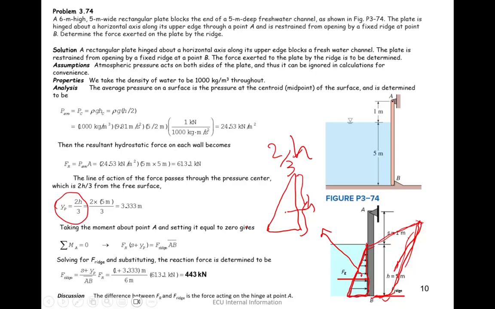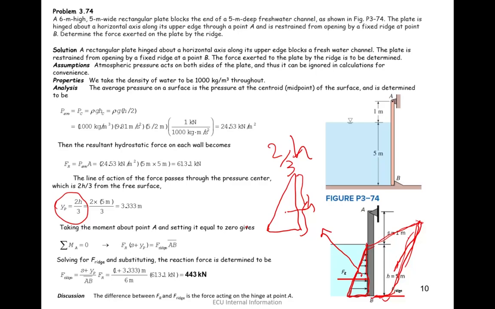So that's why you see yp here is considered as the centroid of this prism. So we want to say, if you can plot the centroid of the prism, then obviously we can simply work out the center of pressure from there.